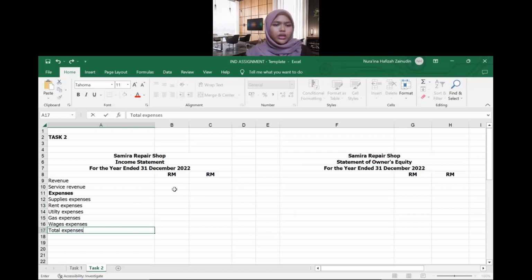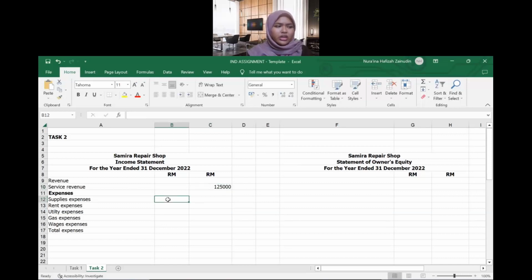In revenue, we have the service revenue, and the total is 125,000 ringgit Malaysia. For the supply expenses, we have 3,425. For the rent expenses, we have 18,000 ringgit Malaysia. For the utility expenses, we have 6,000 ringgit Malaysia.